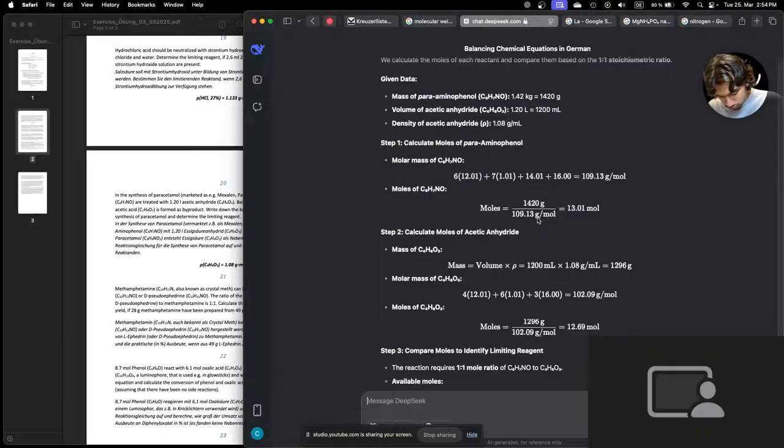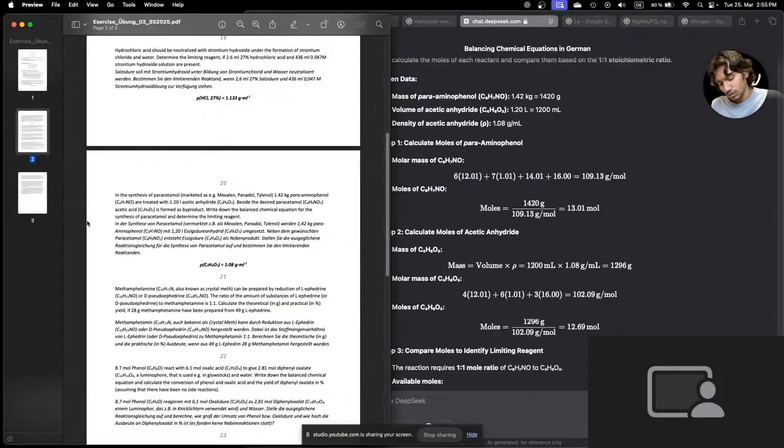moles. In the case of acetic anhydride, volume equals 1.20 liters. Density equals 1.08 grams per milliliter.